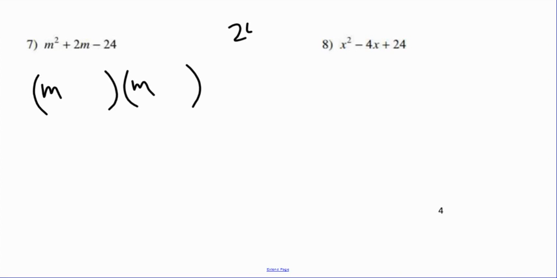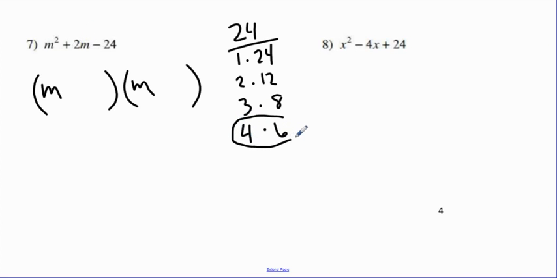So if we were going to make our list, we have 1 times 24, 2 times 12, 3 times 8, 4 times 6. 5 doesn't go into 24 evenly. 6 does, that'll be 4 again, right? So I get that mirror. So I need 2 factors that when added or subtracted give me 2. So it'll be these two, 4 and 6.